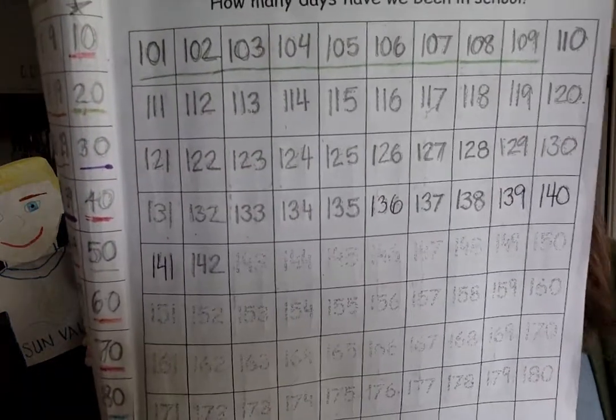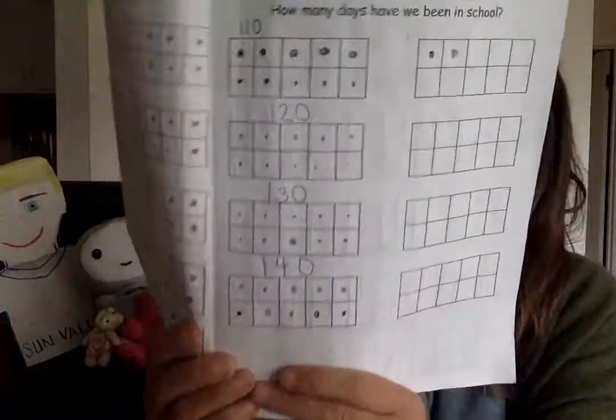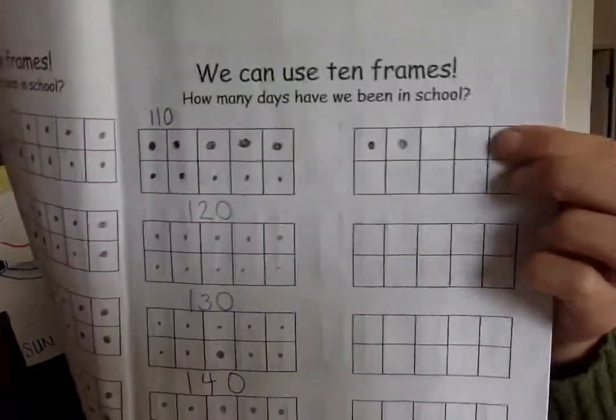The number is 142. Okay, then turn the page and do your 10 frame counting. And if we had 142 on the first page, you should have 142 dots on the second page. There's my extra 2.